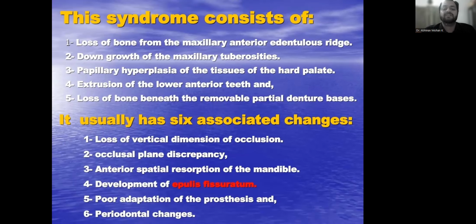So you get to see a situation. The final result is a resorbed maxilla, premaxilla in the patient, and a resorbed mandibular posterior ridge in the lower arch. As we have already mentioned, the after effects are the loss of vertical dimension of occlusion, occlusal plane discrepancy, the spatial resorption of the mandible, and development of epulis.